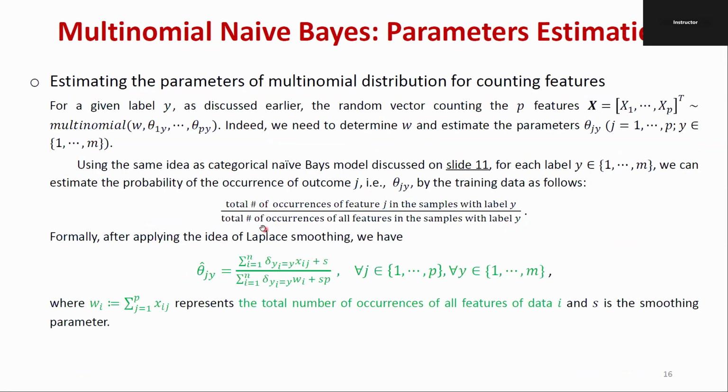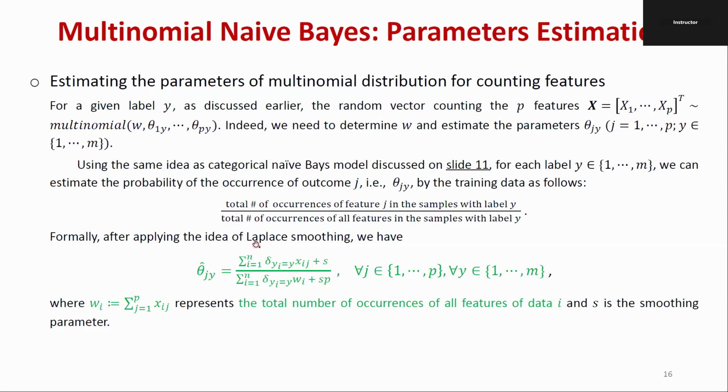And here we go. Again, we use the same idea, which is frequency. We have the total number of occurrences of feature j in the samples with label y, divided by the total number of occurrences of all features in the samples with label y. Again, this is just frequency.